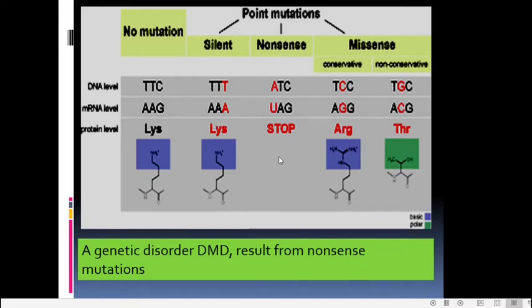An example for nonsense mutation is the disorder called DMD, or Duchenne muscular dystrophy. The gene is located on the X chromosome, and the mutation results in a disorder which leads to dystrophy, or destruction and damage to the muscles. So that is Duchenne muscular dystrophy, or DMD, which results from a nonsense mutation.